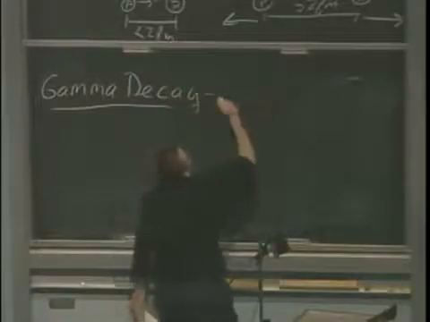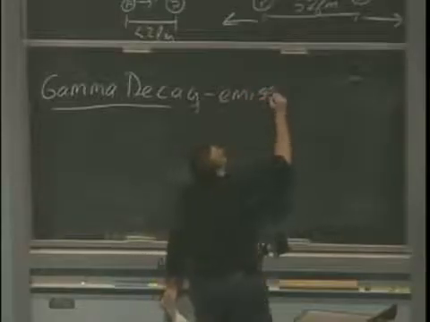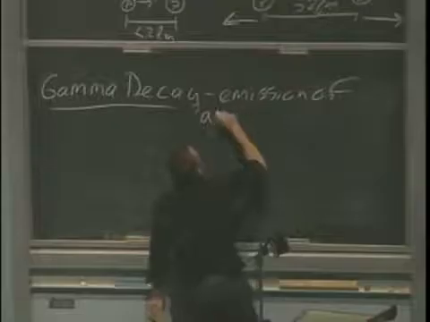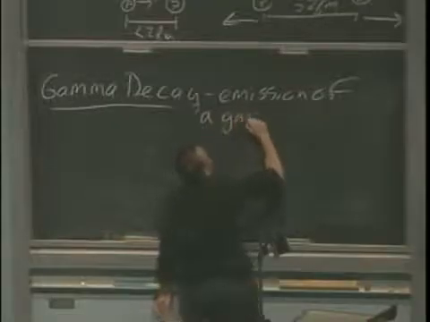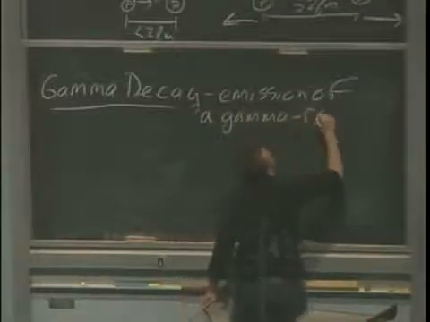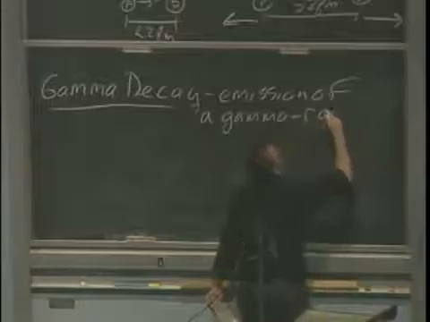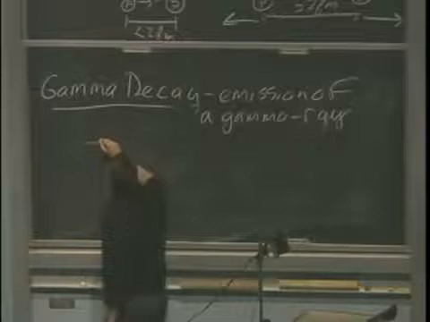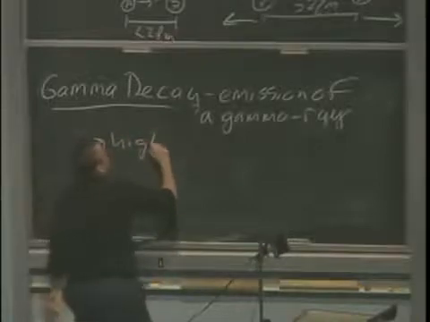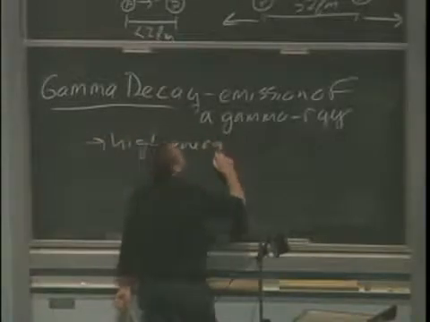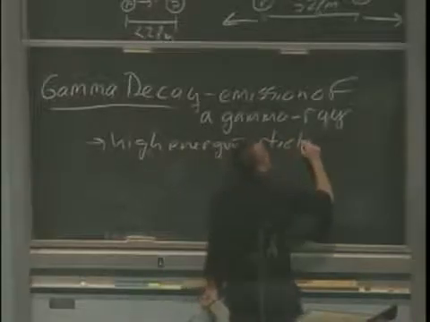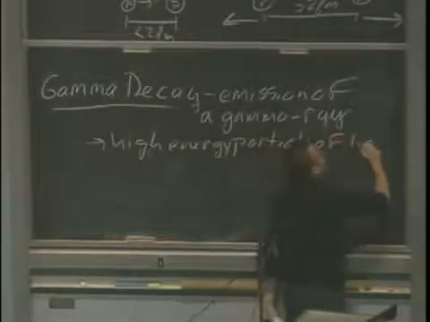Okay, gamma decay is the emission of a gamma ray. And a gamma ray is just a very high energy particle of light, or very high energy photons.